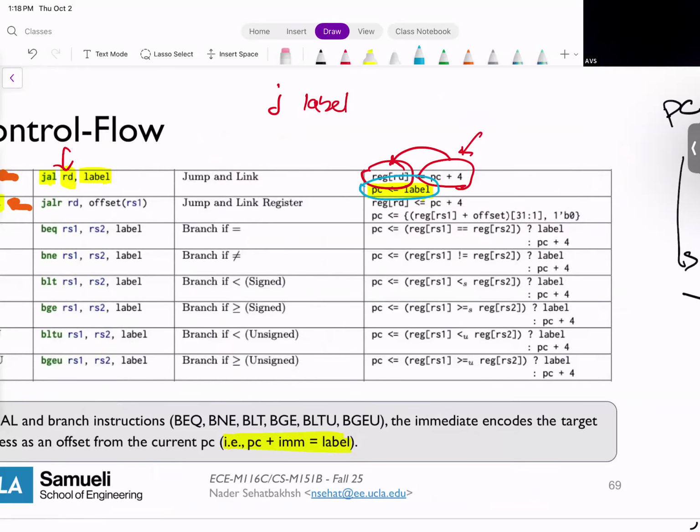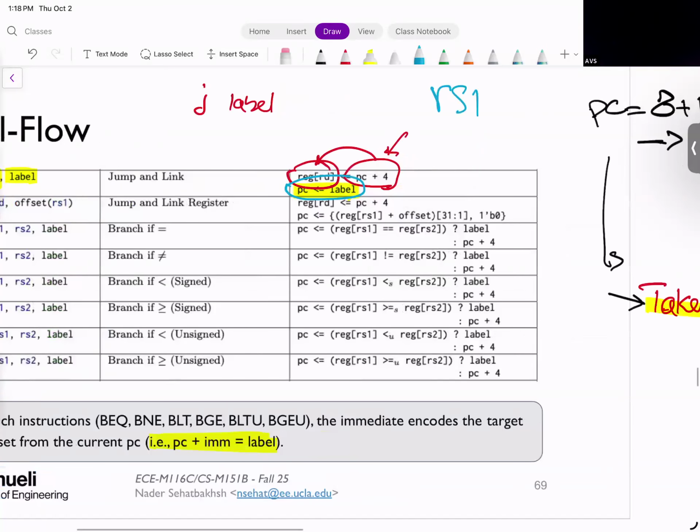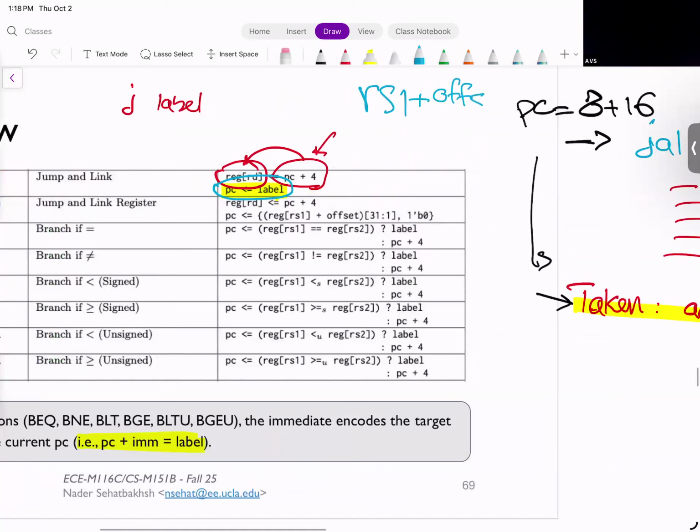But here, if I want to jump to a very different address, a very large address, then I say that whatever value is stored in RS1, add that to the immediate, to the offset, and write that to the PC. That's how we use JAL-R. So our base is no longer PC, but the value of RS1.